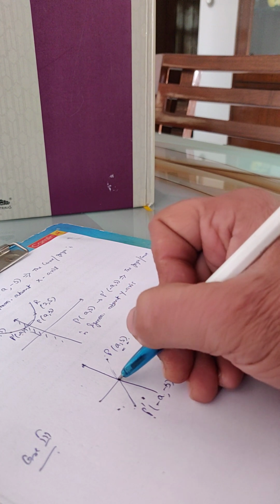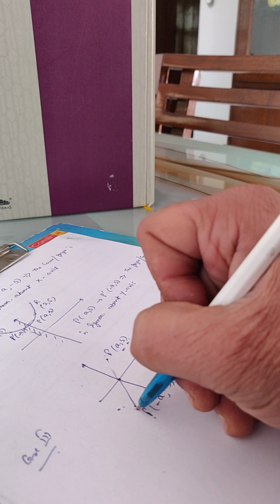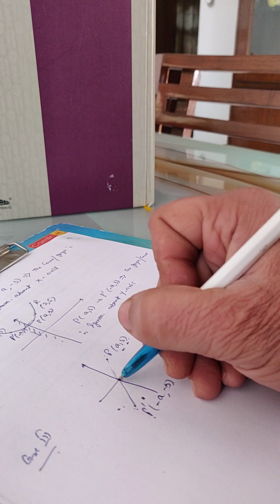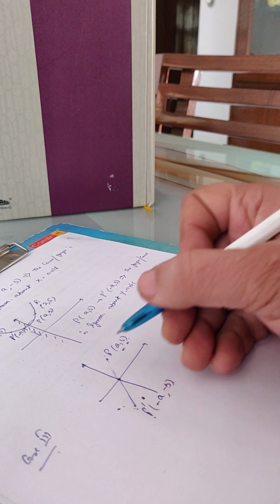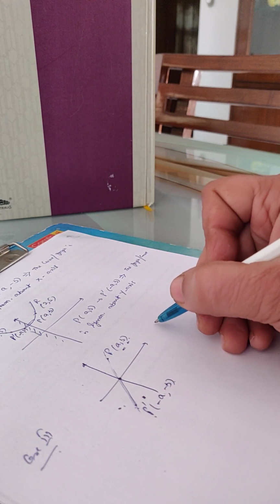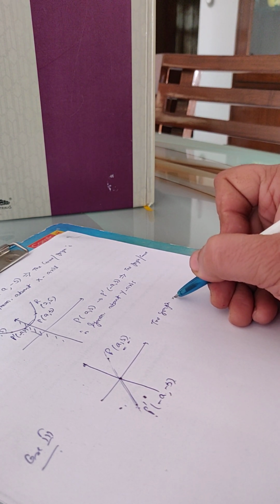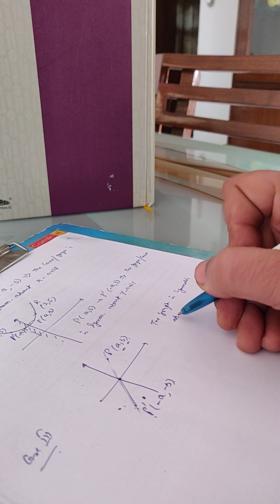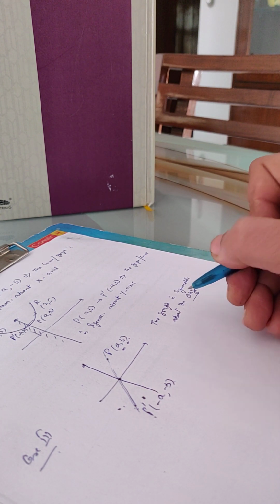So if this is a point mirror giving you a reflection in this direction, with the same values but negative, then we say the graph of this straight line is symmetric about the origin of the coordinate axis.